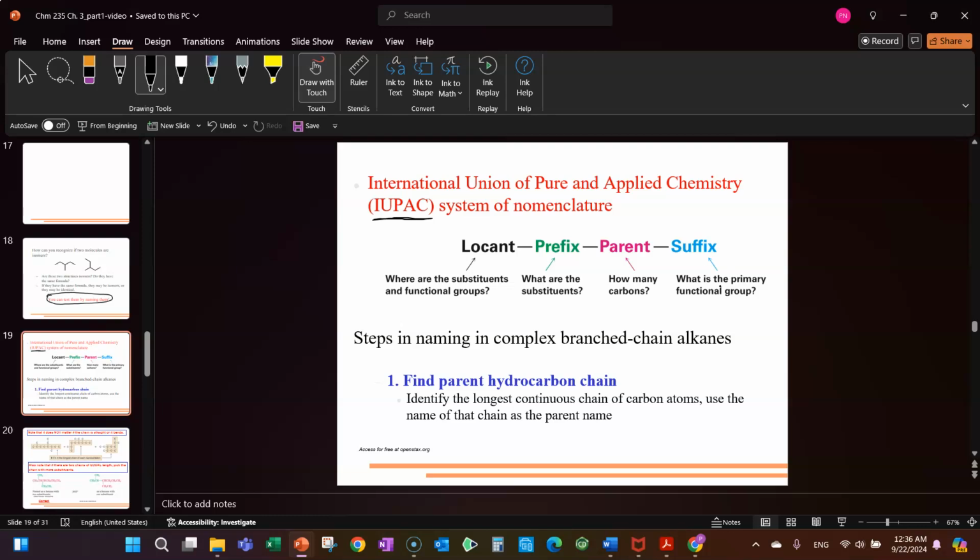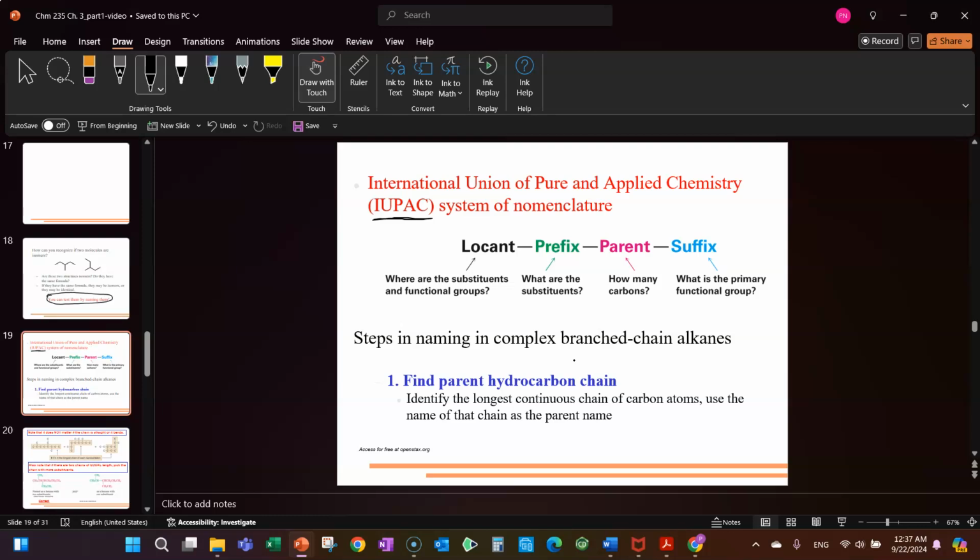And finally, the suffix: whenever we have a functional group, the name of the parent changes accordingly. For example, an alcohol has ol as a suffix, like methanol, propanol, butanol. But for this semester, we are not going to learn naming compounds with functional groups, except for alkenes and alkynes. This chapter deals only with alkyl or halogen substituents and parents up to 10 carbon atoms.